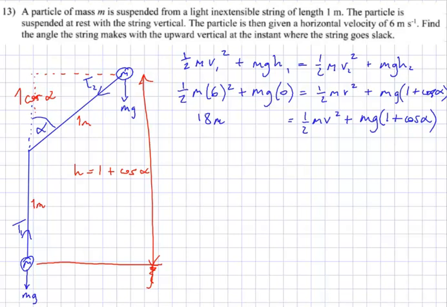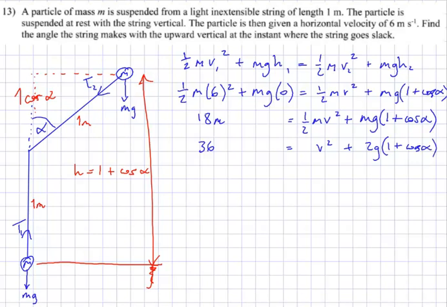I suppose it might be easy if I double everything, bring everything to v squared, and divide everything by m. So if I double everything and divide by m, I'm going to end up with 36 equals v squared plus 2g times 1 plus cos of alpha.